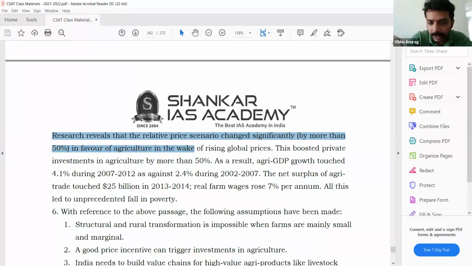So this is the positive impact. The net surplus of agri trade touched $25 billion in 2013-14. The real farm wages rose 7% per annum, and all this led to unprecedented fall in poverty. Unprecedented means never seen before. So all these reasons, which were kicked off by a rise in global prices, had an impact on poverty reduction in India.